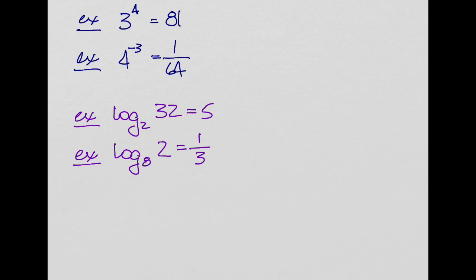If I have the statement 3 to the 4th power equals 81, I can rearrange that into a logarithmic statement. So I'm going to write log, the base in the exponential function is here. So that's the base of my logarithm, log base 3. The exponent in my logarithmic statement goes over here.